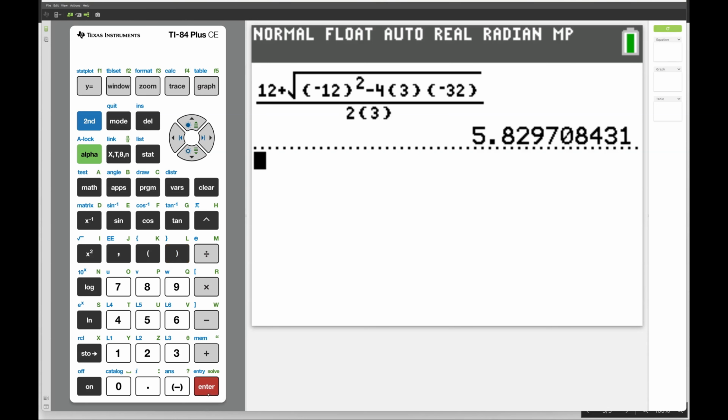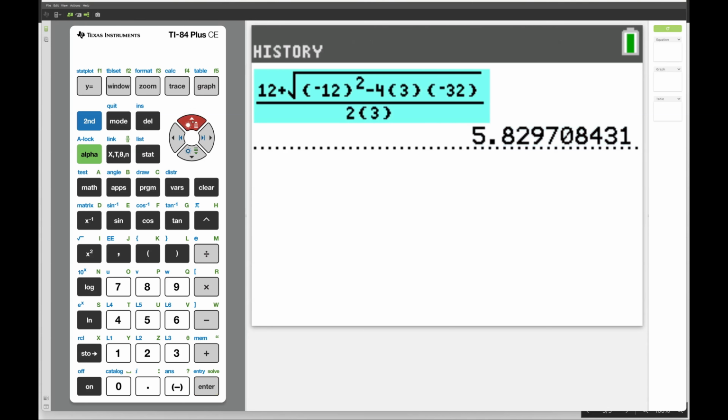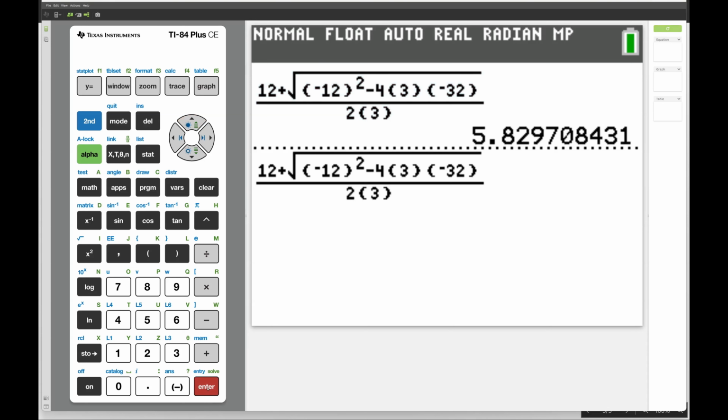Press enter, and we're going to round 2 decimal places, so the nearest hundredth, that would be 5.83. So that'll be my first answer. And then I need to do the minus, so I'm going to go up and press enter and select that. And the reason I'm doing that is so that I don't have to type this whole thing out again. I can just come over and change that to a minus instead of a plus. So our other x value is negative 1.83.